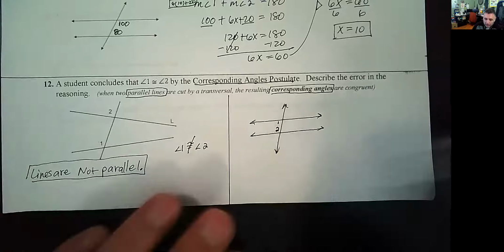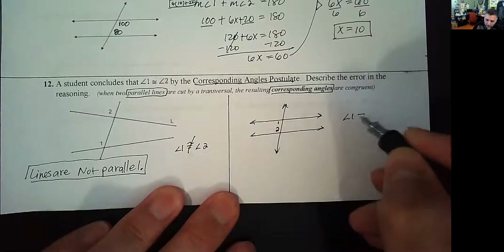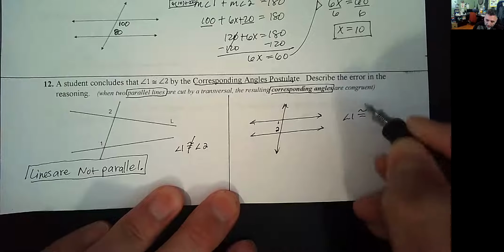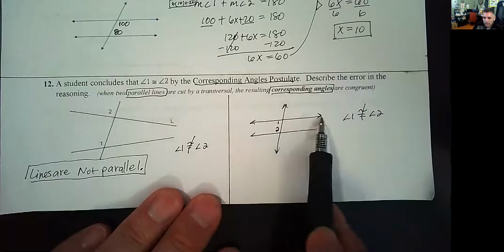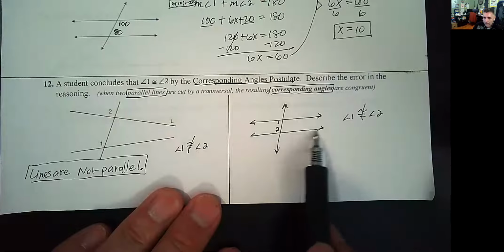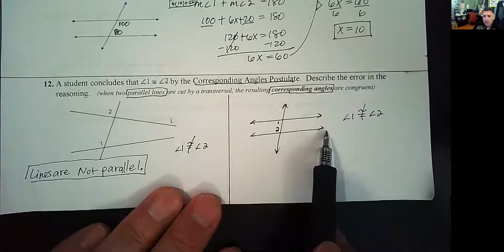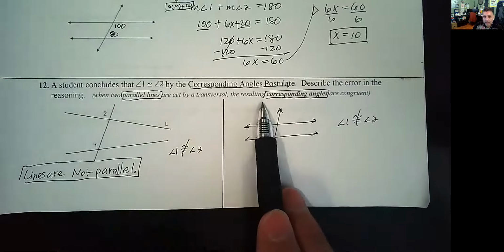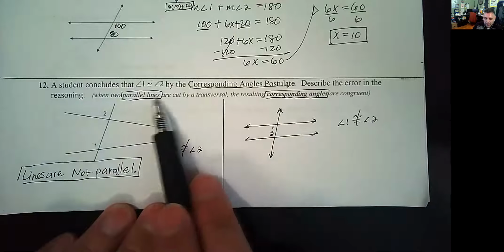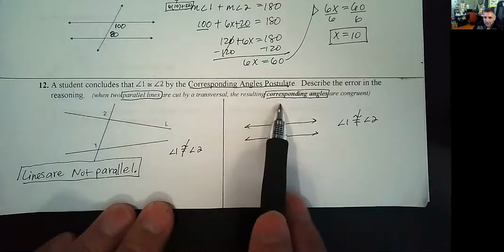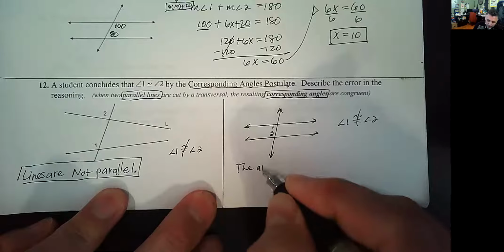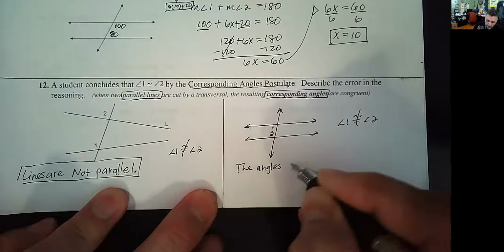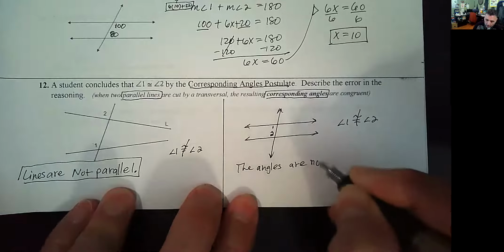And then this one, angle 1 is not congruent to angle 2. And it's not because the lines aren't parallel, because if you look at the lines, they look parallel. So we can be like, yeah, they're parallel. But remember I said there's 2 things you want to verify. This checks out, but this does not check out. The angles are not corresponding.